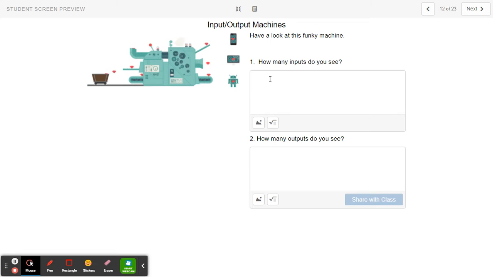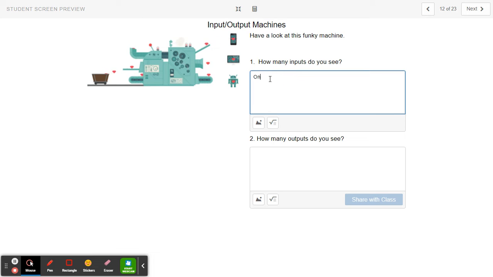Okay. So now here we're getting into the input-output part of the function concept. So here, if we look, how many inputs do you see? Well, I see one coming out of, I don't know, what is that, like a barrel or a minecart.